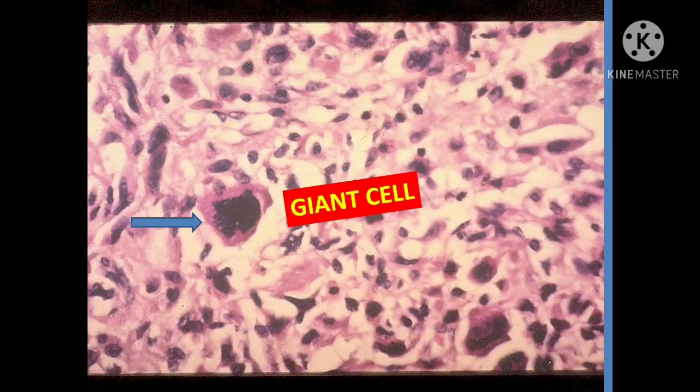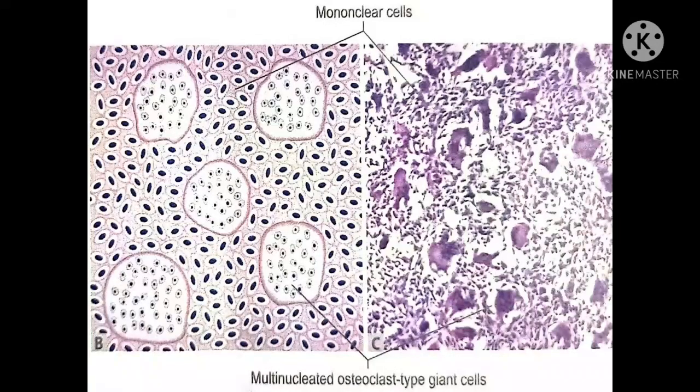So this tumor is very dirty, no? You can't draw like this in your exam. You can make it very simple like this. You can represent these round to oval neoplastic cells, and you can represent the giant cell like this. So you just draw two round giant cells in between some mononuclear cells. That finishes your diagram.